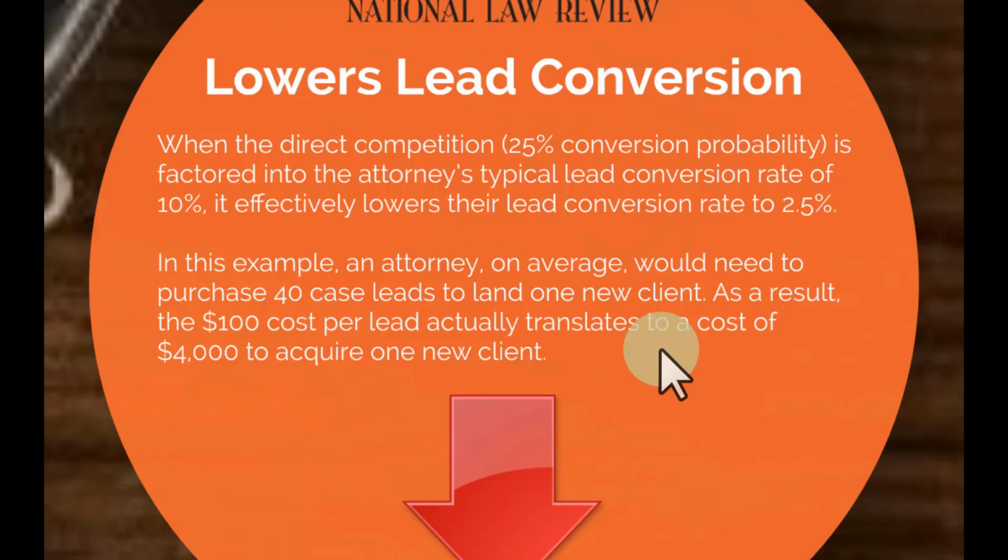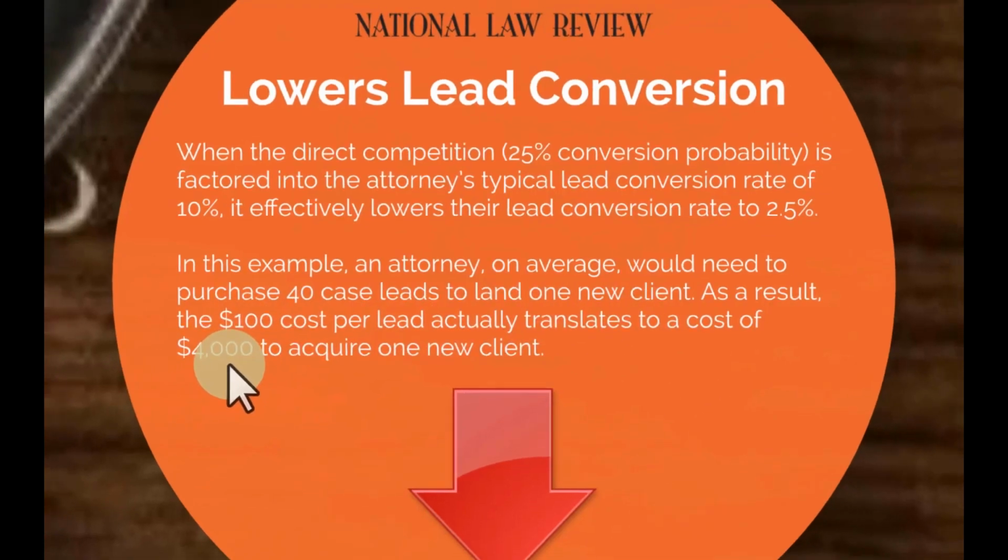Then your industry average is 10% conversion. So out of that 25% chance, you're starting out at 2.5% actual conversion. It would take you 40 leads at $100 apiece in order to acquire a new client. So you're looking at $4,000 to acquire this new client.